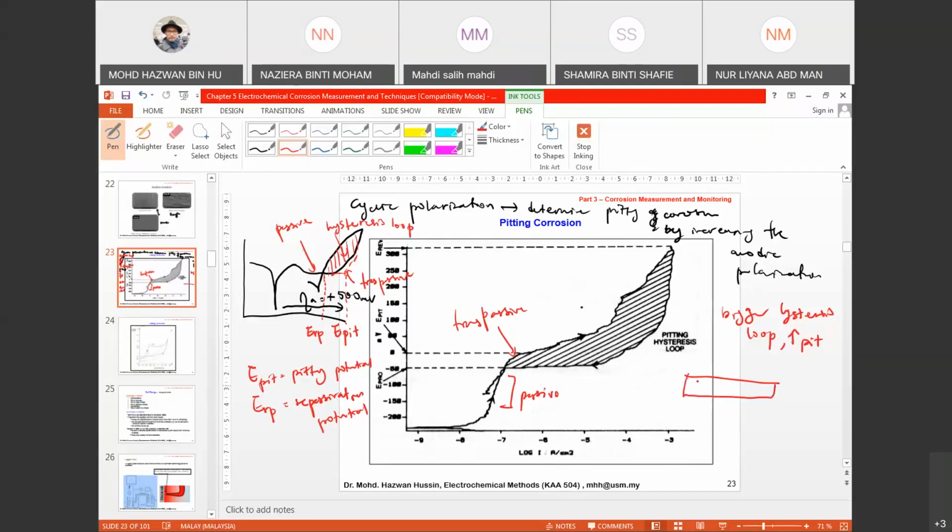As I mentioned earlier, pitting actually happens when you have a failure of the passive layer. You have a failure, you have a crack. Water and oxygen can penetrate and it forms pitting.